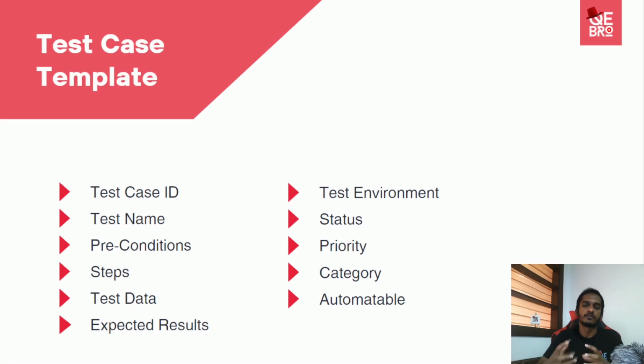For example, the login. In that case, the test title should clearly say about the login, whether it's the success scenario or the failure scenario, what failure, and for what user. Likewise, all the proper information needs to be there in your title. You need to invest your time in writing a good title for your test case.